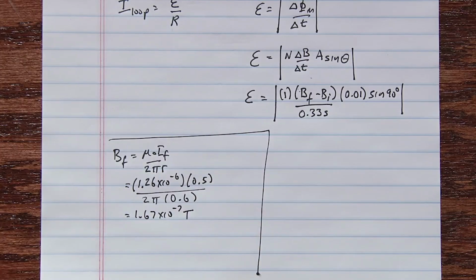So B final is 1.67 times 10 to the minus 7 Tesla.